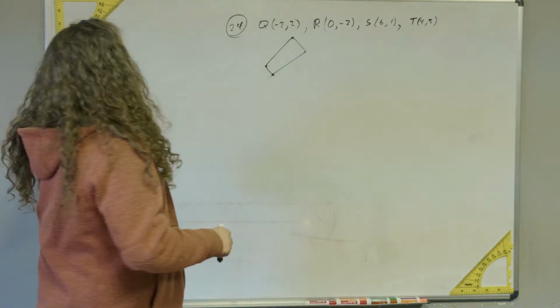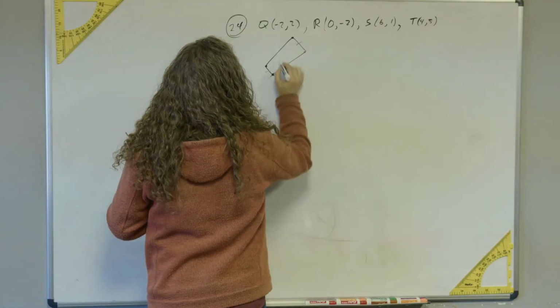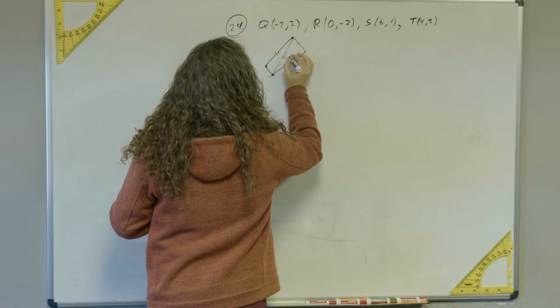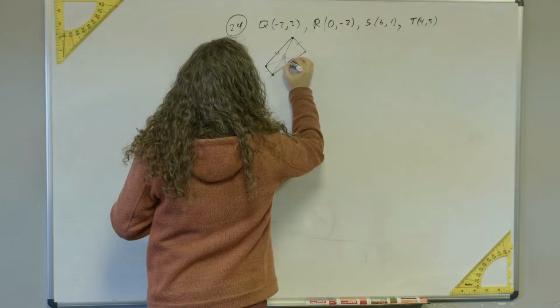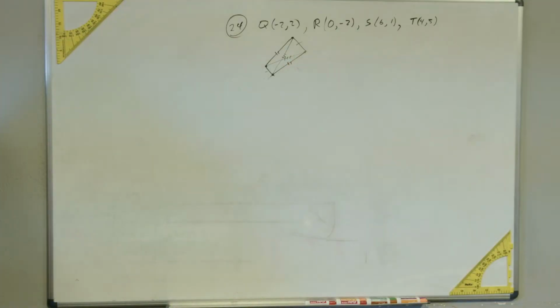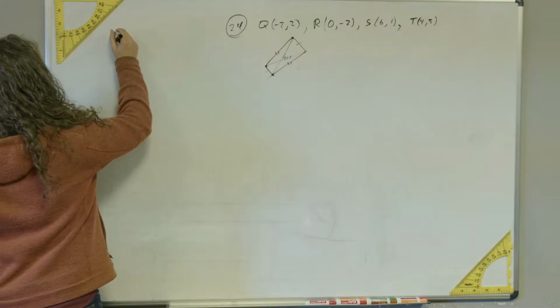They are congruent. So if we can prove that this is congruent to this, and this is congruent to this, and this is congruent to this, then we've got this, right? So what is the distance formula? Let's start with that.